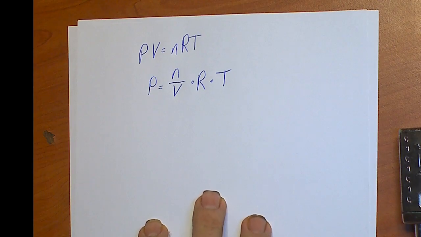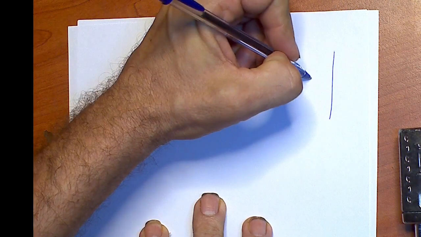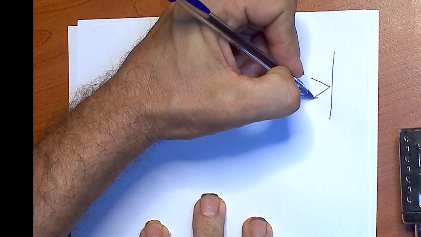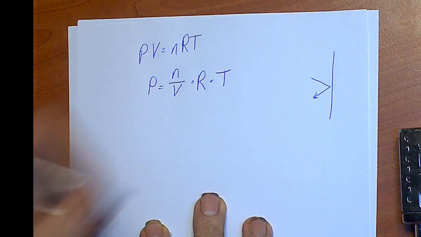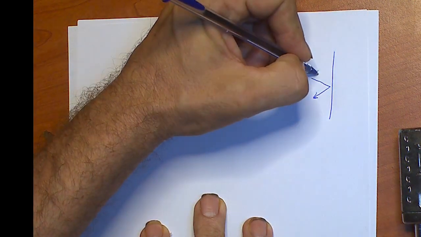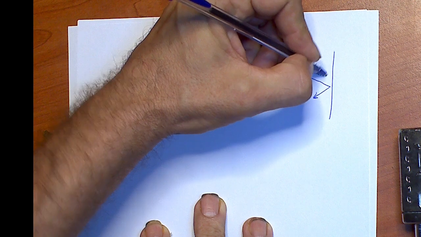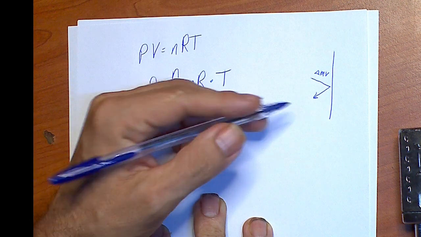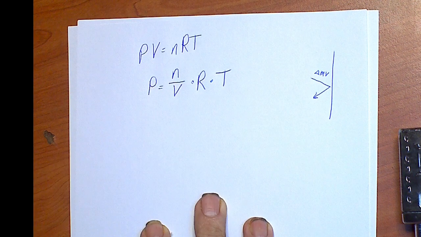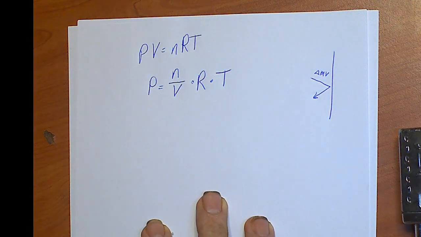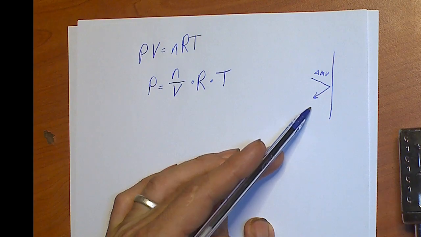Well, on a container wall, the molecules are going to bounce off. When the molecules bounce off, there's a change in momentum, and that change in momentum gets put onto the wall, causing pressure. So clearly, the more of these collisions I have, the higher the pressure.